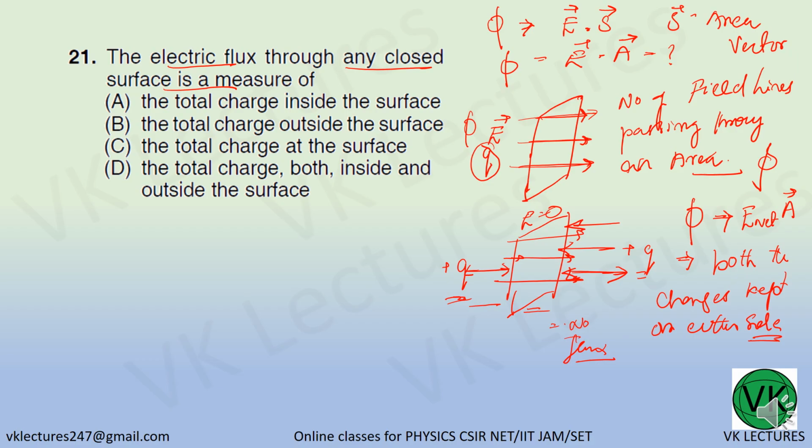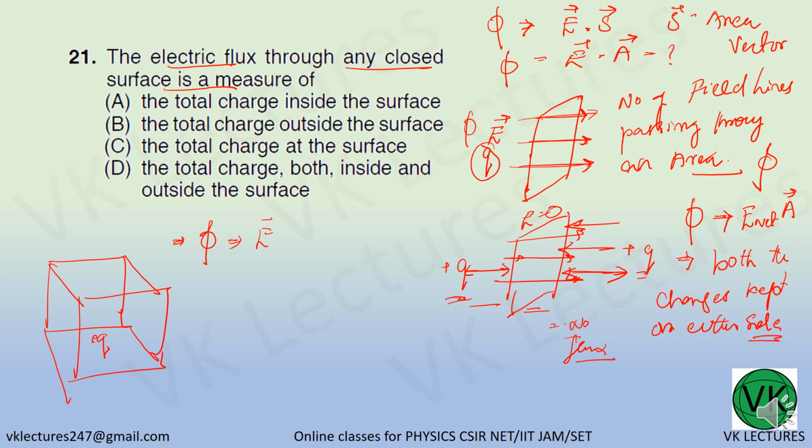Now coming to the question. In a closed surface, let me assume this is a closed surface, I have placed a charge Q, then flux phi is due to integral E bar dot ds bar, why integral?